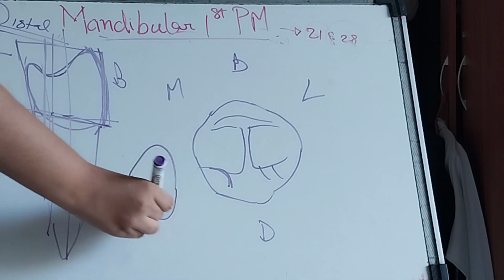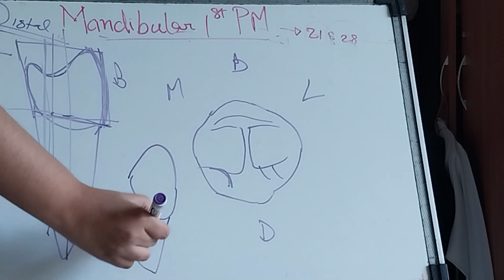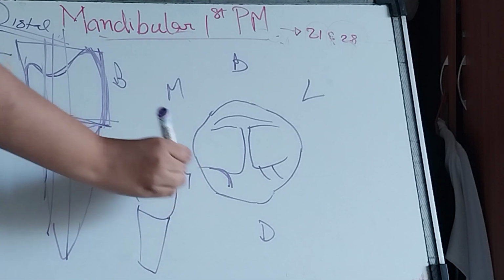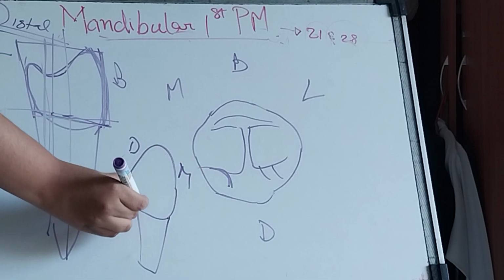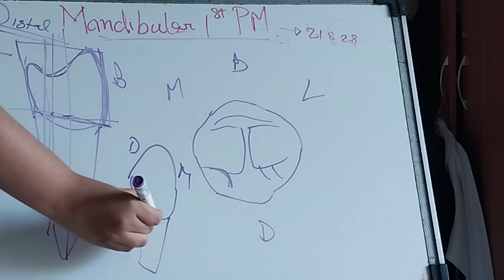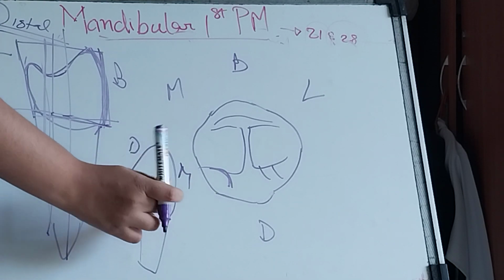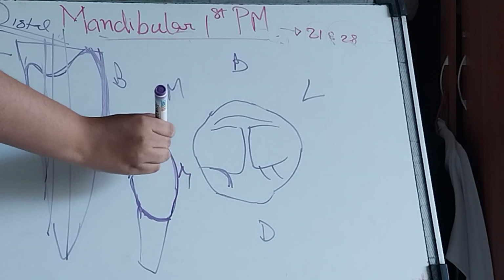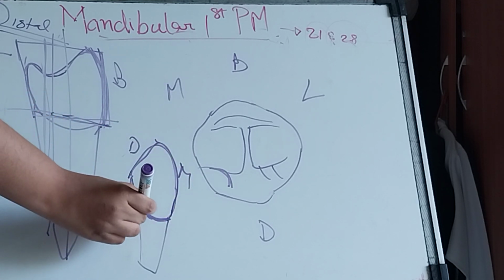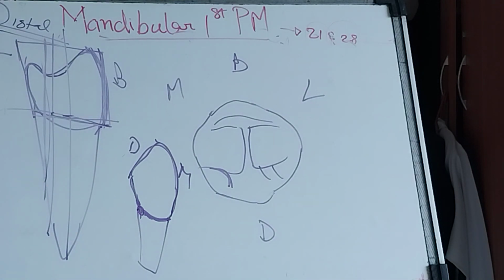We can only see this from the buccal aspect. So let's just see the buccal aspect. If this is my mesial, this is my distal, and this is the cervical line, then the mesial is lower and the distal is higher.